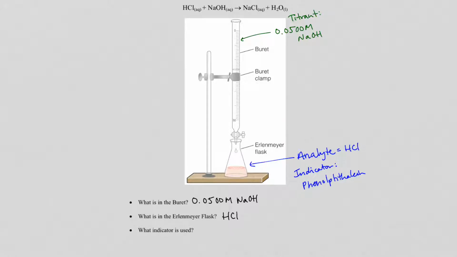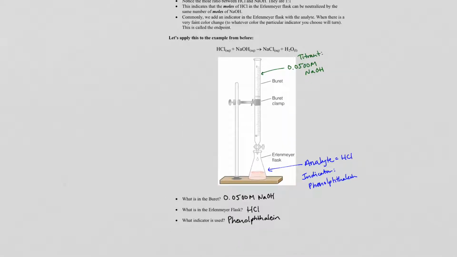And since it's asked as a separate question what indicator is used, I wouldn't say HCl plus phenolphthalein. For what indicator is used, I would say phenolphthalein. That's a heck of a word to spell, let me tell you.